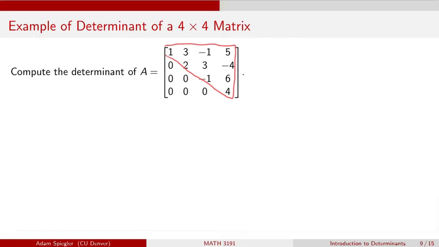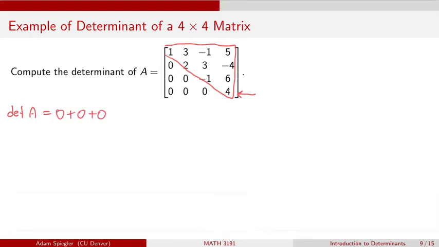And just like in the case of 3 by 3 matrices, I can pick which row I want to do this expansion. And because this very last row has 3 zeros in it, that should be the easiest row to do this expansion. So I'm going to calculate the determinant of this matrix A by going along row 4. And I'm going to have a 0, plus a 0, plus a 0.